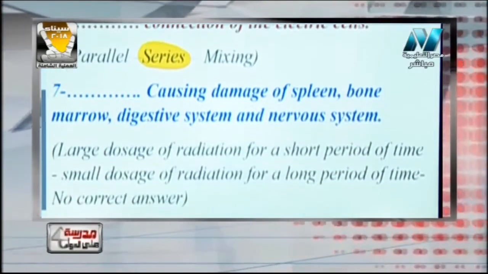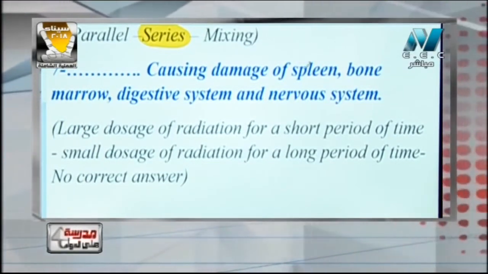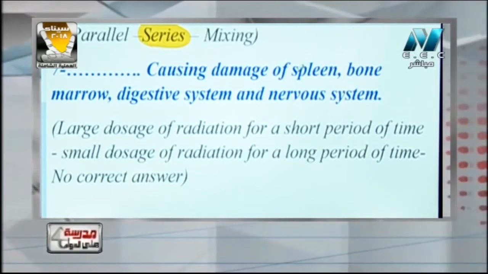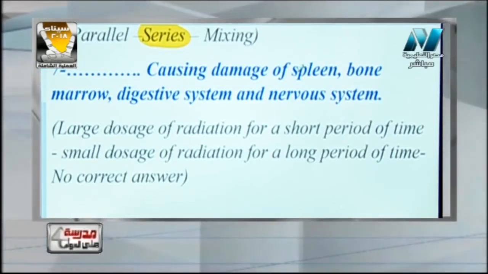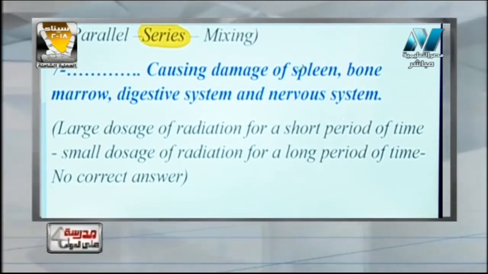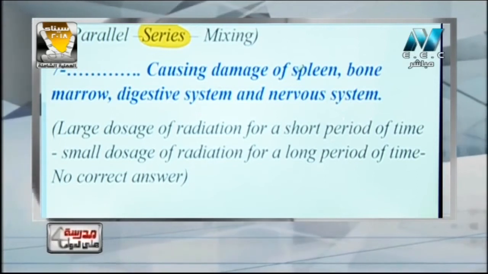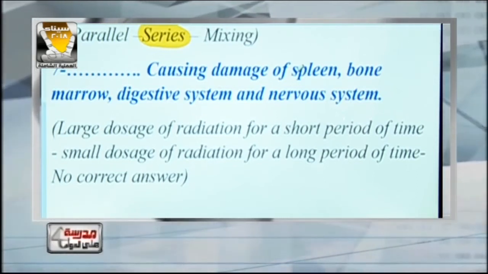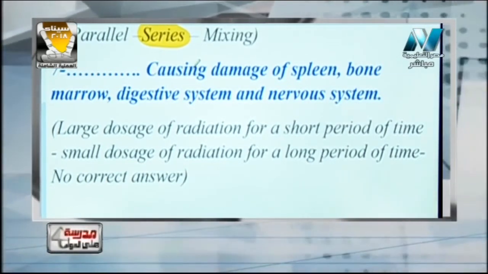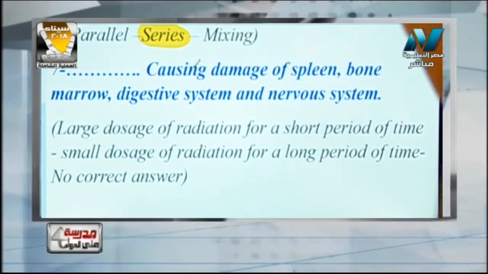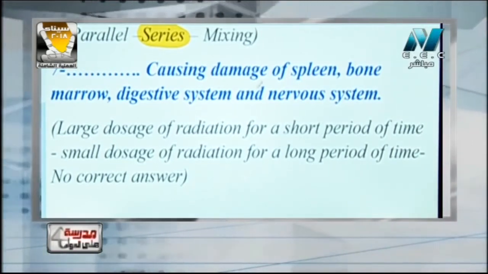Number 7: what is causing damage of spleen, bone marrow, digestive system, and nervous system? Here we have large dosage of radiation for a short period of time, small dosage of radiation for a long period of time, or no correct answer. We talk about damage in spleen, bone marrow, digestive system, and the nervous system.